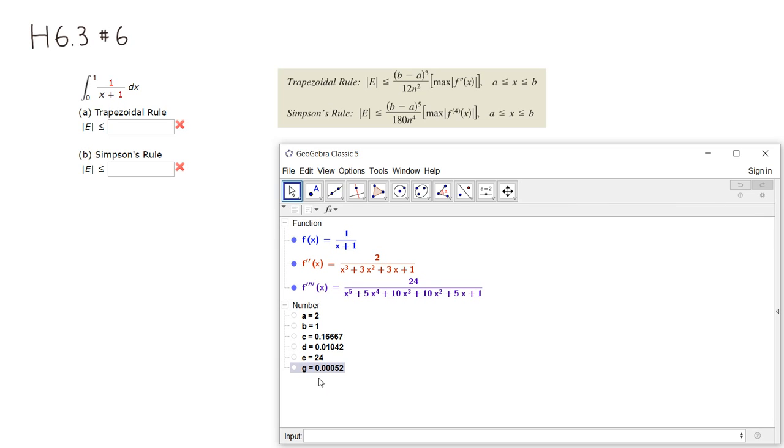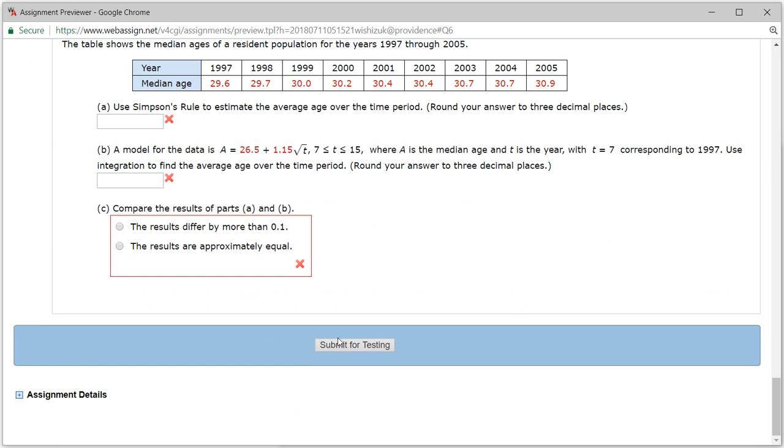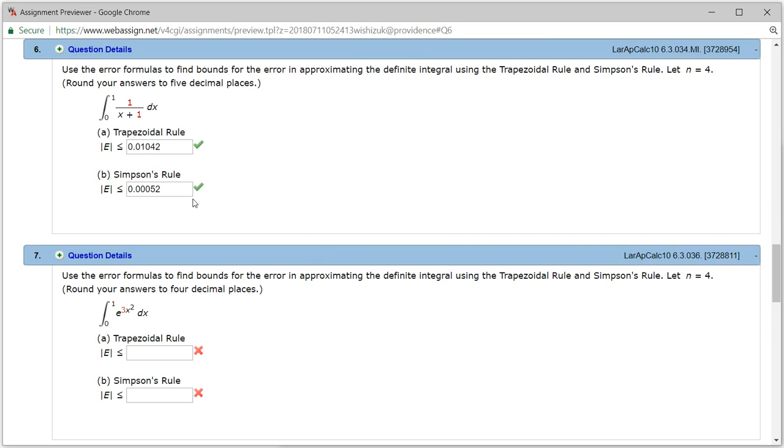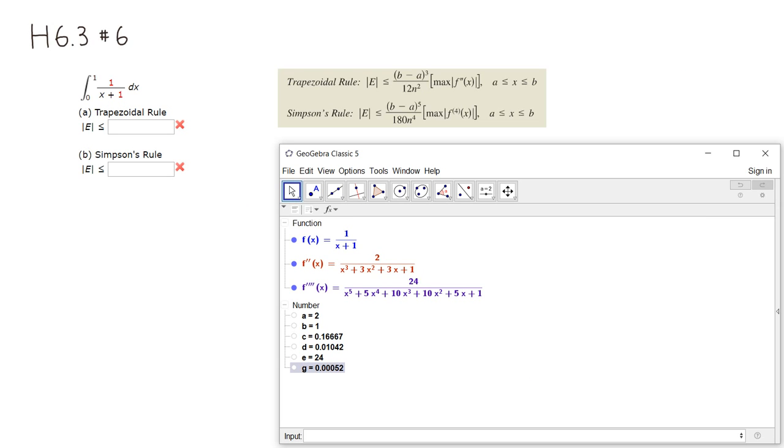So we got 0.00052. I'm going to put 0.00052. Let's check the answer, submit for testing. It came back and looks like we got this one correctly. That's it. I hope that this was clear.